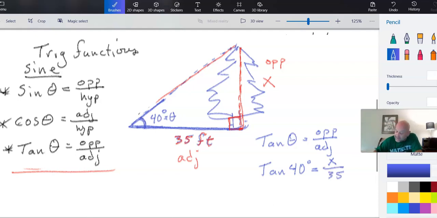And tangent 40 is just going to be a number. That's something that you end up plugging into your calculator. In fact, we'll talk about that here in a second. So what I really want to do here is just solve for x.